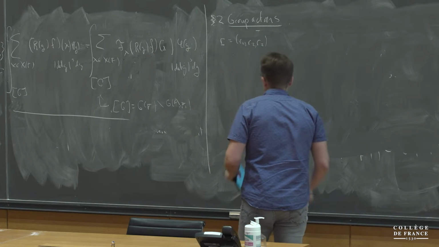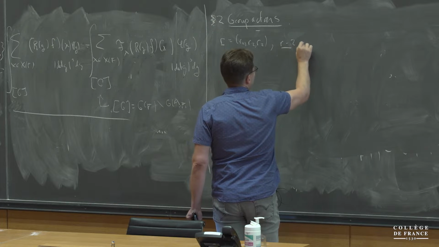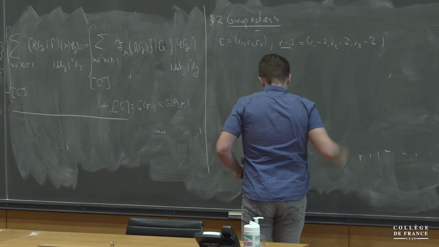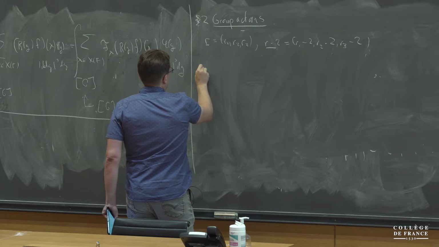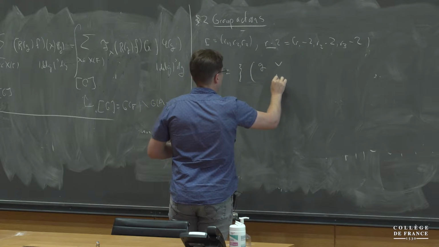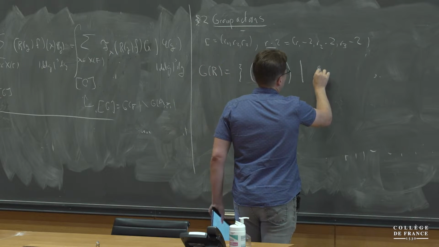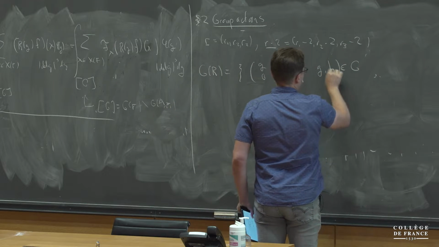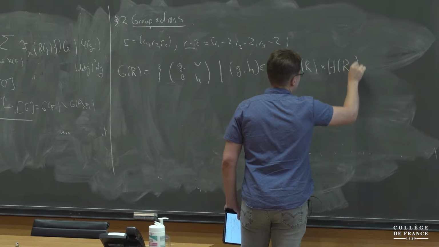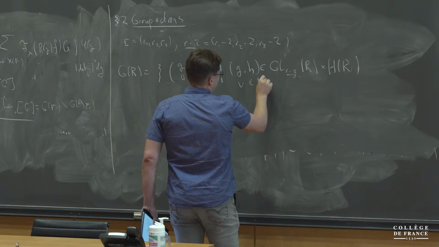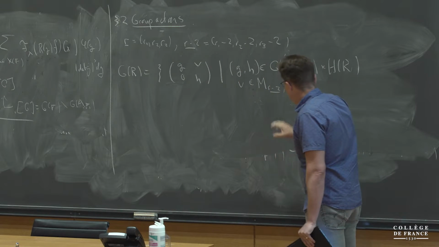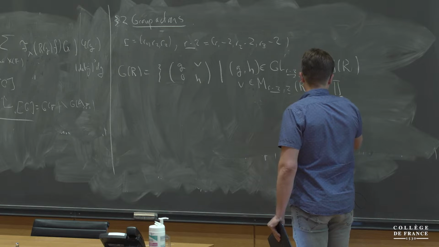So I'll just remind you that I'm using this notation, r minus 2. I'm going to write G_r as the set of (g, v, h, 0), where g is in GL_{r-2}, h is in H(R), and v is in M_{r-2, 2r}.